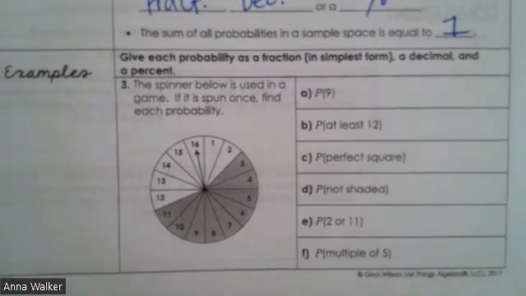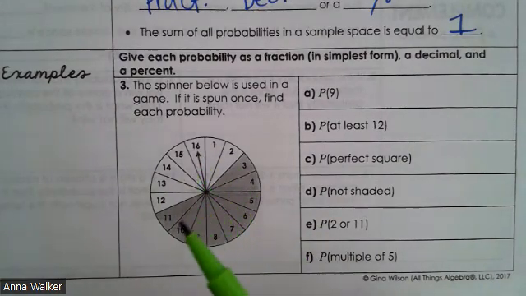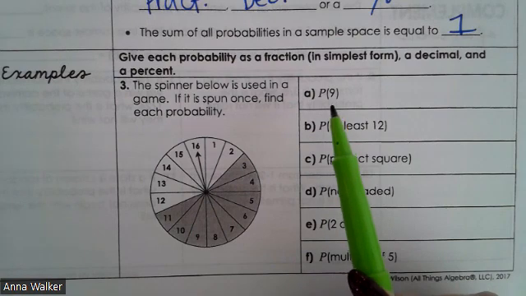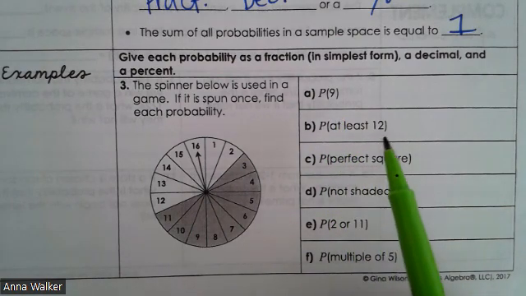But let's look at an example with a spinner. Spinners show up a lot in probability questions because there are many different outcomes that could happen. It says the spinner below is used in a game. If spun once, find each probability. So you'll see how it's written over here. This is saying, what's the probability of the spinner landing on the number 9? What's the probability of it landing on at least a 12?